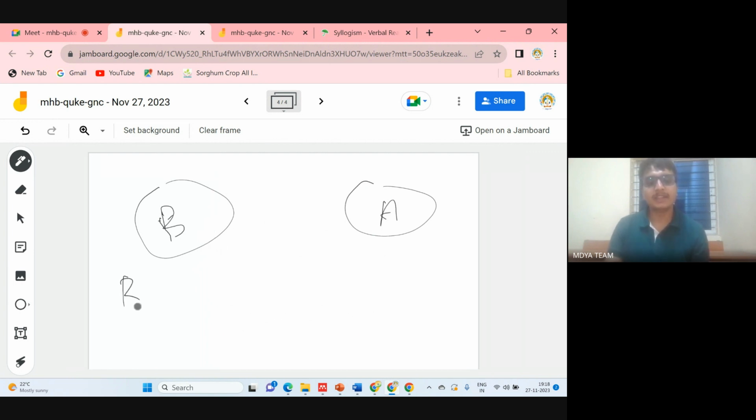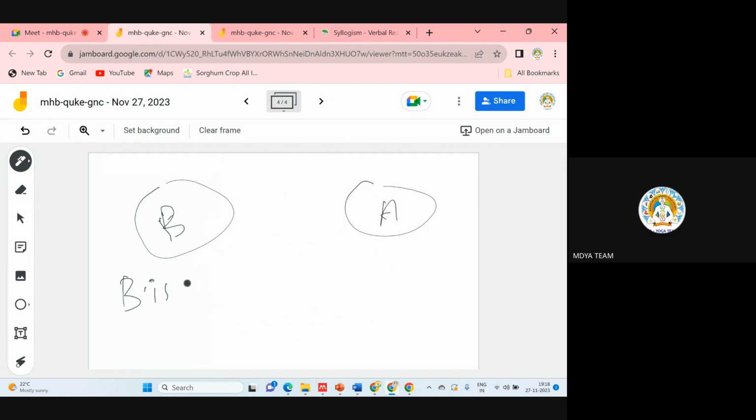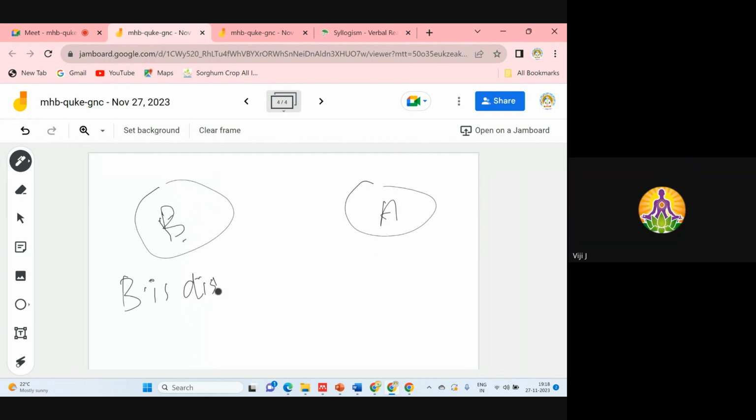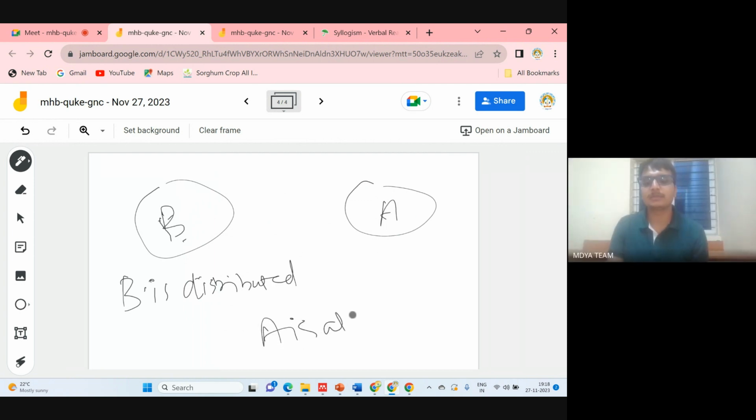So B will be distributed, not undistributed. The whole population is different from A, the whole individual, because we are talking about with respect to the other population. So B is distributed and A is also distributed.